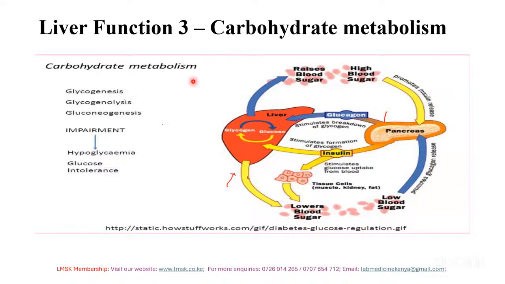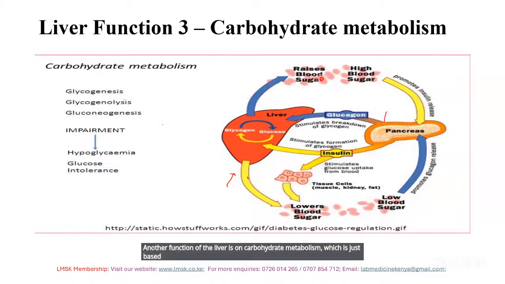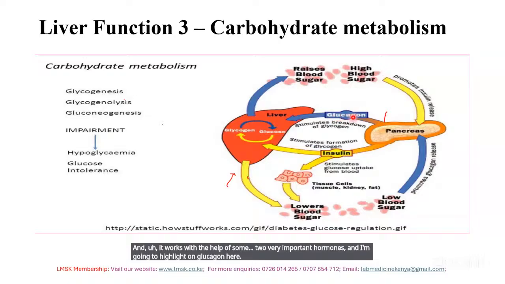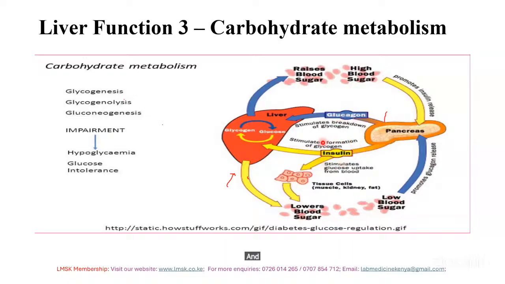Another function of the liver is on carbohydrate metabolism, which is just based on glucose control. And it works with the help of two very important hormones. I'm going to highlight glucagon and insulin, which are hormones that work in reverse to each other's functions. So we start with blood glucose.